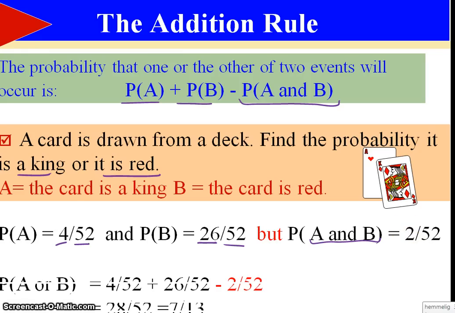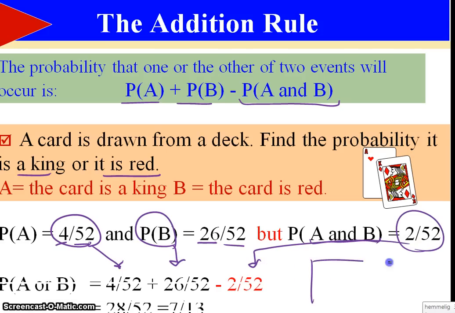So the probability of A or B is the probability of A plus the probability of B minus the probability of the intersection. In a Venn diagram, you have A and you have B. We found the probability of the whole circle A and the whole circle B, but we counted this part twice, so we subtract it off once. Then you reduce your fraction and you get 7 over 13.